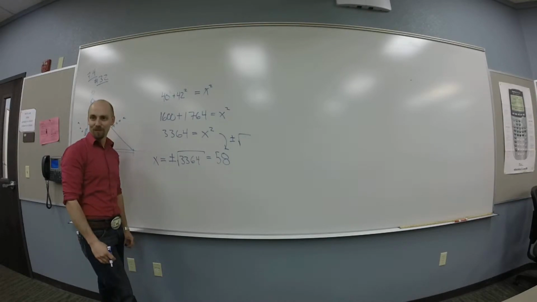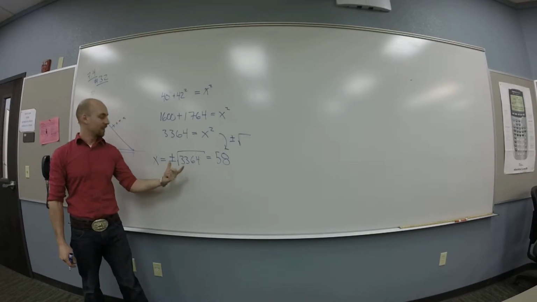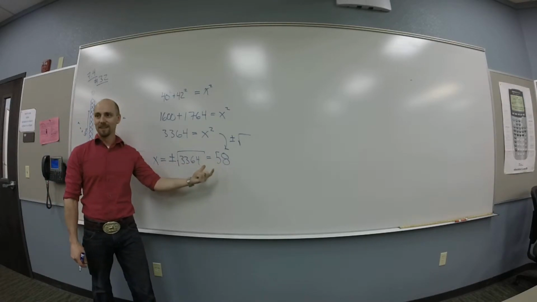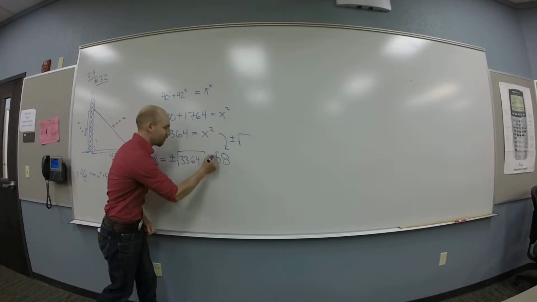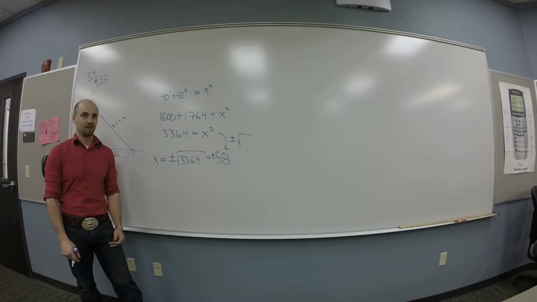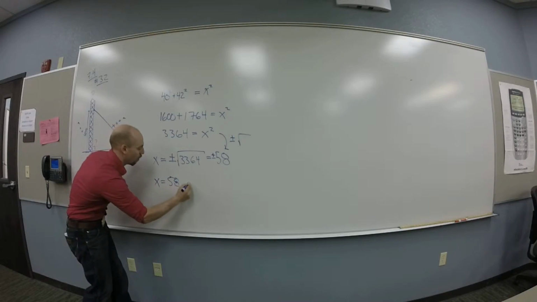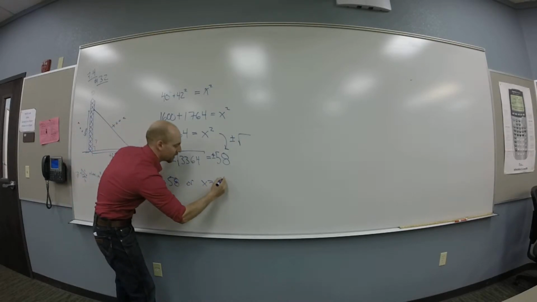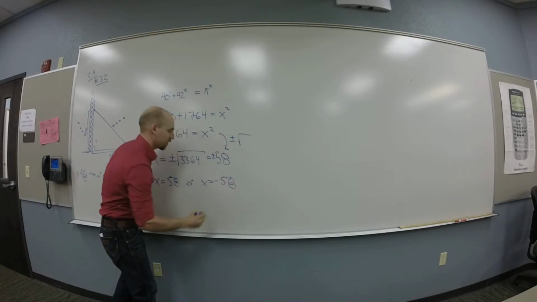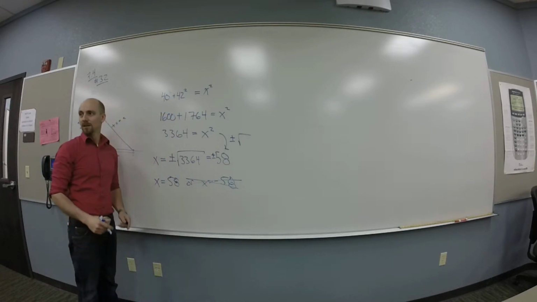Okay, we'll put it back over here. x was supposed to be this thing. And then this thing is also 58. So, oh yeah, plus or minus, right? Good call. Now what? x is equal to 58. Okay, so x is 58 or x is minus 58, right? And then this one doesn't make any sense, so I can drop that.